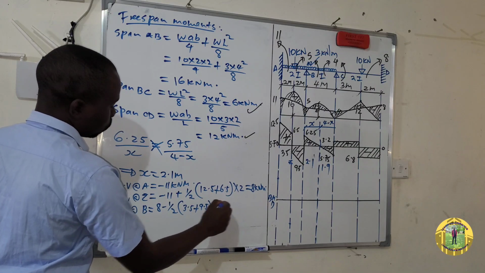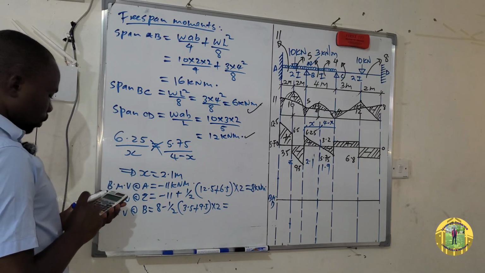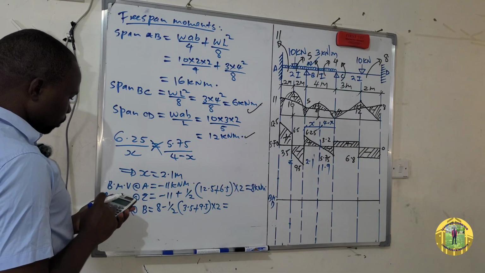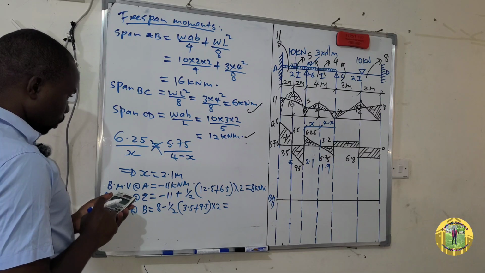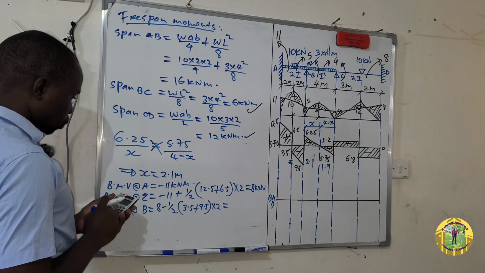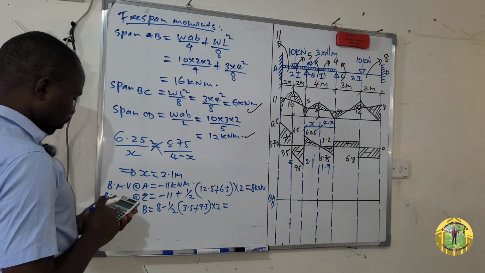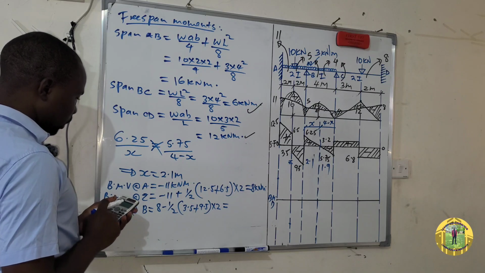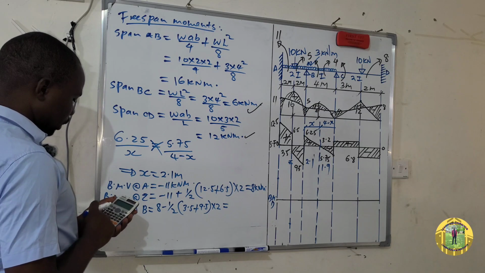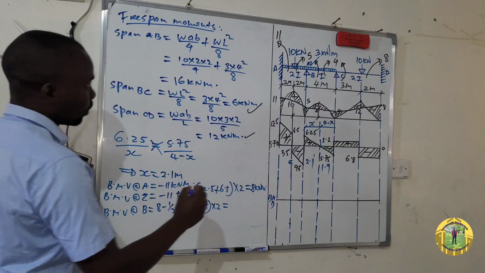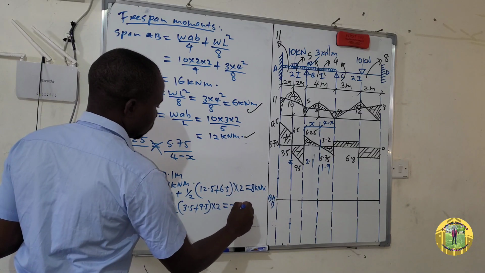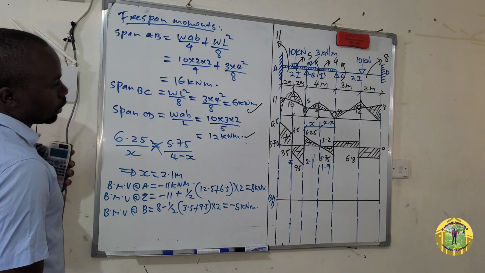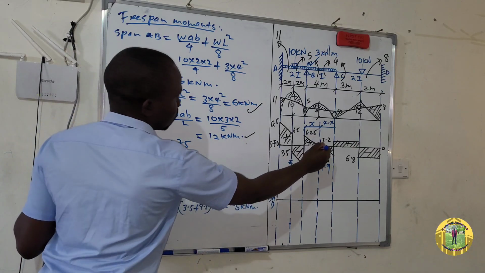So this one is equal to, let's prove it, 3.5 plus 9.5 times 2 times 0.5, that is 13. Then 8 minus 13 is negative 5, which is very correct.